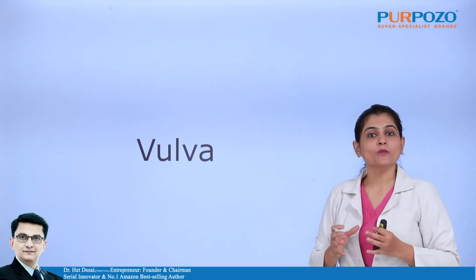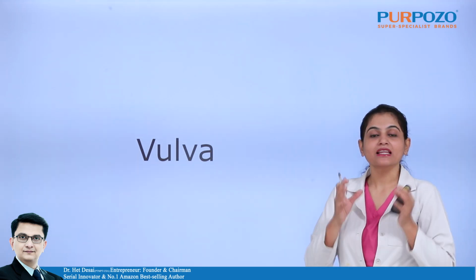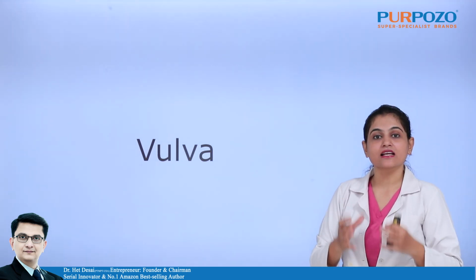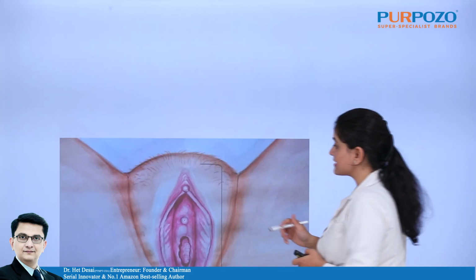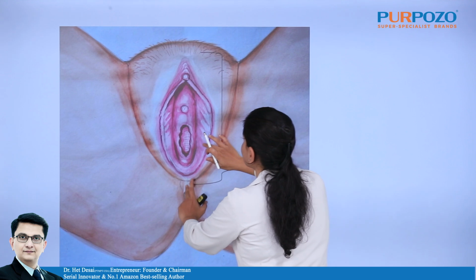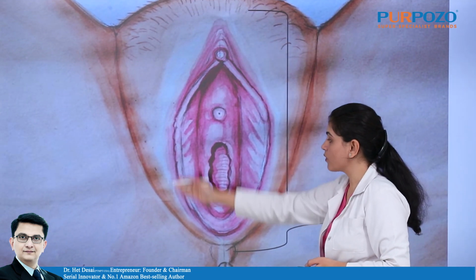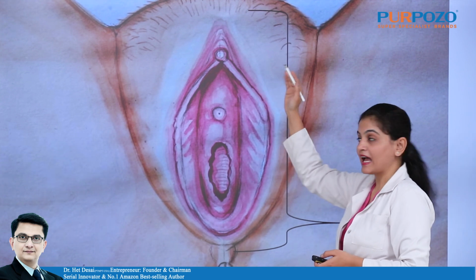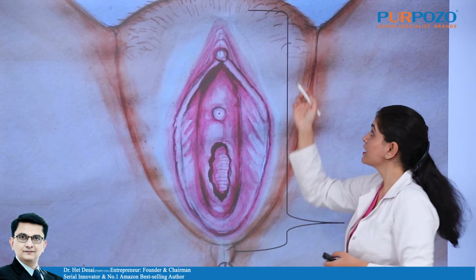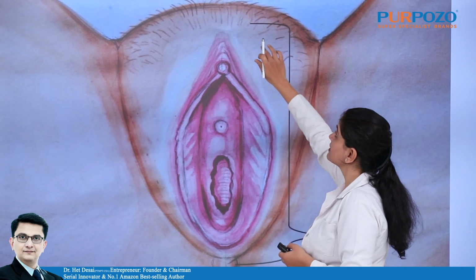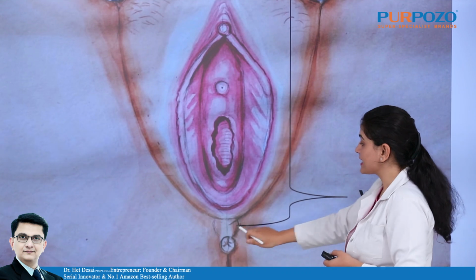There is a very common myth that vulva and vagina are the same, but they are not the same. Let us understand the word vulva. In this image, again of the female external genital, the vulva is the part from your Mons Pubis, the part we just discussed, up to the perineal body.